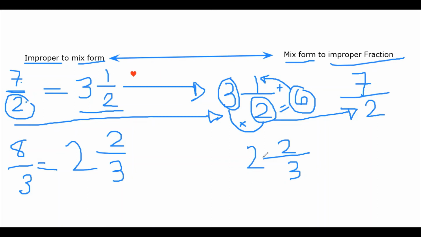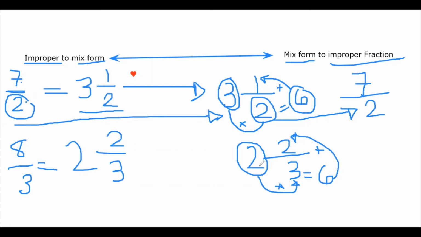The first thing that we do is multiply this whole number by the denominator, and the product will be 6. The result of the multiplication will be added to the numerator.